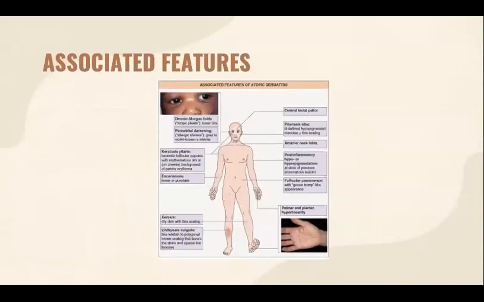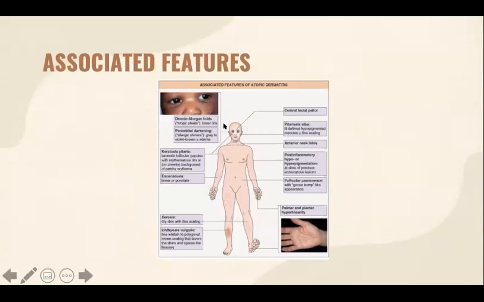There are associated features that may hint toward or support the diagnosis of atopic dermatitis. They may not be present in all patients, but if they are present, they support the diagnosis of atopic dermatitis. It's much easier if you memorize them in head-to-toe fashion. So when you see a patient with atopic dermatitis, you can just screen the patient moving from head to toe.